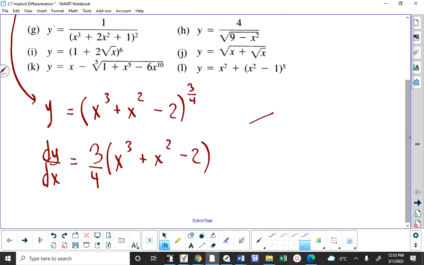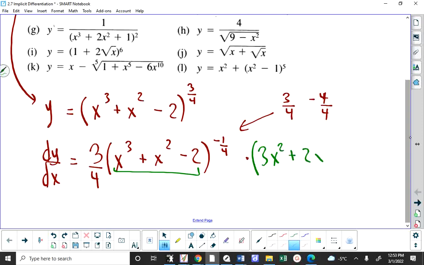So this number in here is going to be 3/4 minus 1, which is 3/4 minus 4/4, which is negative 1/4. And then I have to multiply by the derivative of this. And the derivative of that is going to be 3x squared plus 2x.